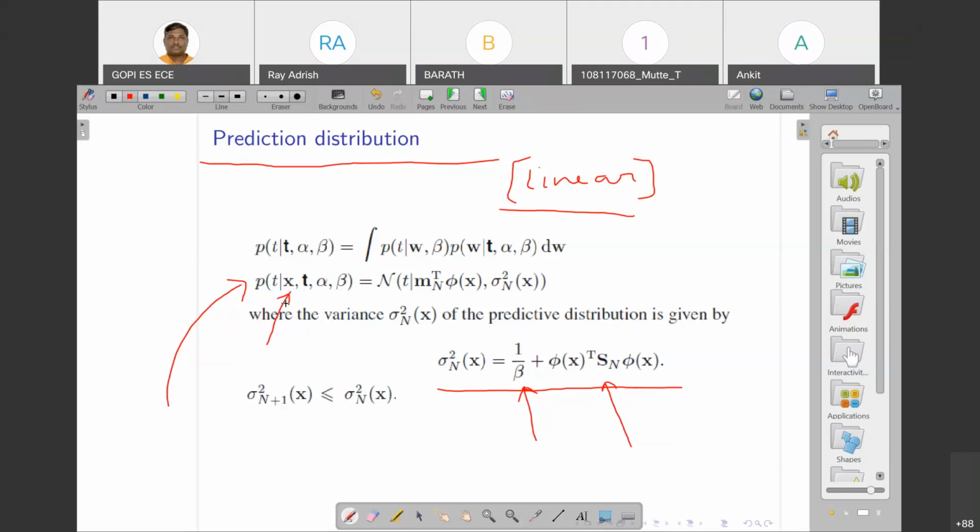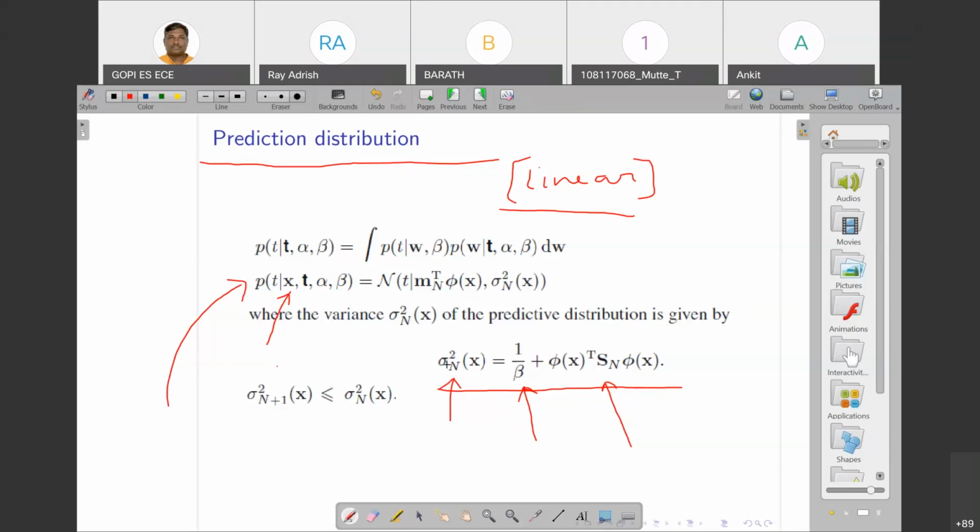So that actually gives you the predictive distribution, right? And this capital N indicates the number of training data being used. As the number of data used for modeling the regression keeps on increasing, the variance of this predictive distribution is going to decrease. This you can understand with an illustration.